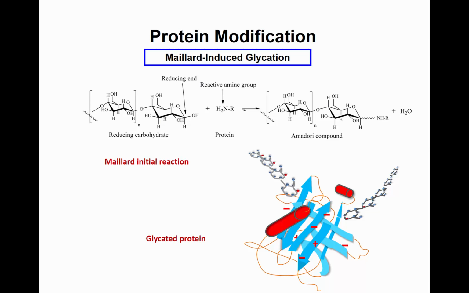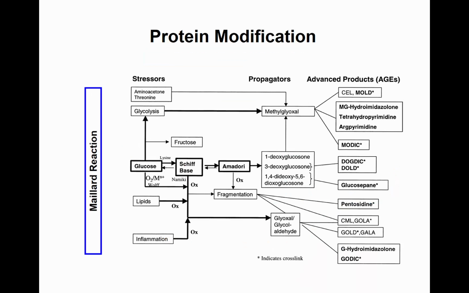So the Maillard reaction, as you know, is a reducing sugar. The carbonyl carbon of a reducing sugar reacts with the reactive amine group. Usually it's your primary amine, such as a terminal amine or an amine group from a lysine. And then you form a Schiff base, and then rearrangement, you get the Amadori compound, which is a glycated protein.